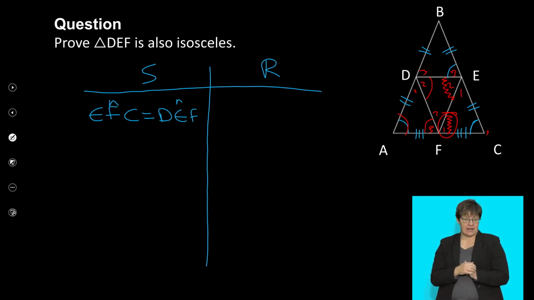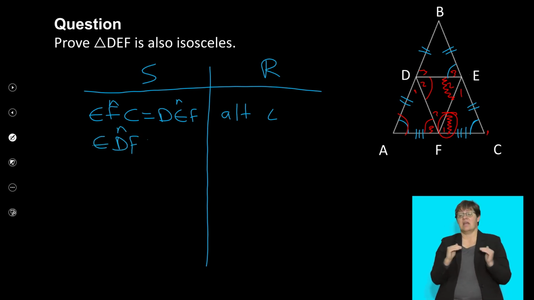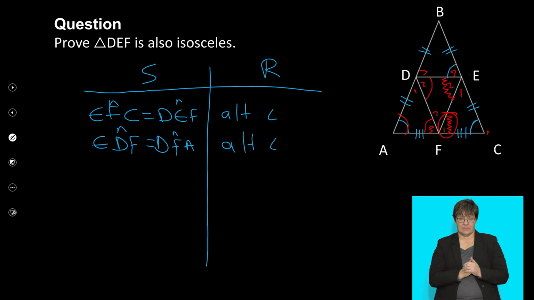And my reason for this will be alternate angles. And then I also know that the angle EDF is equal to the angle DFA, right? Also because of alternate angles, right?